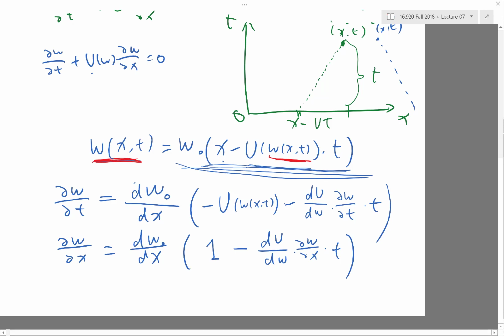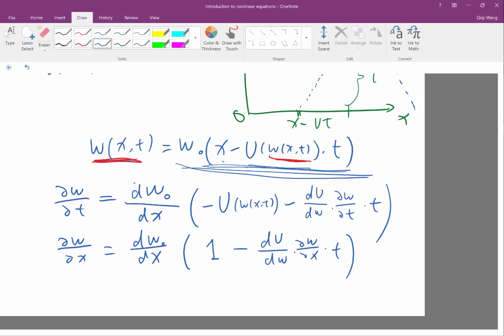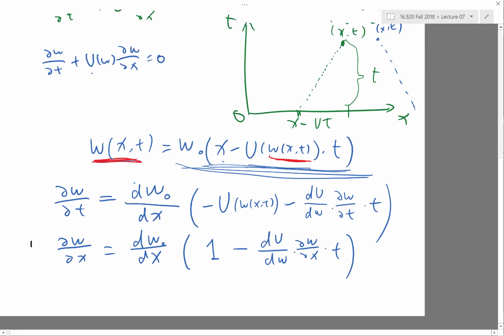So now we can see why the differential equation is satisfied. If you multiply the second equation with u, you get a term multiplied by u here, and you also get a term multiplied by u there.